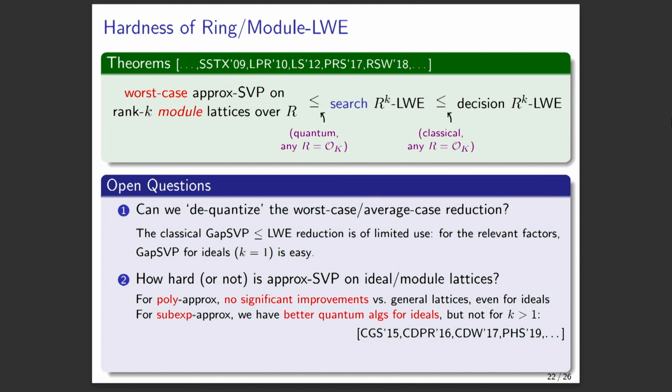That's for ideals, but if you increase k to 2, those algorithms don't work anymore. Okay? So there's this kind of corner where we can do something that we don't know how to do classically or on general lattices. And it's a strange corner, and what's going on there?